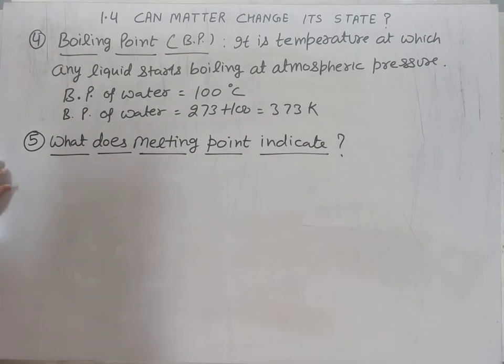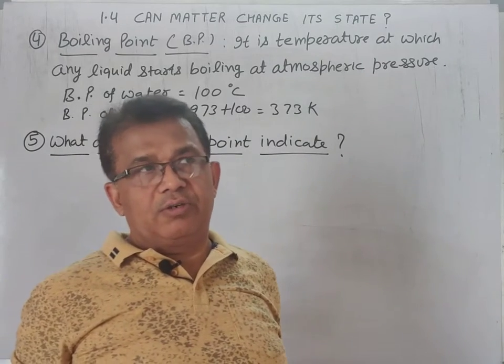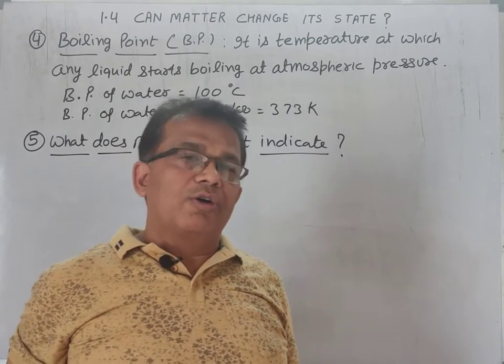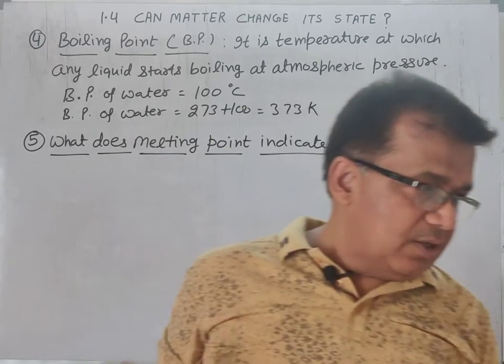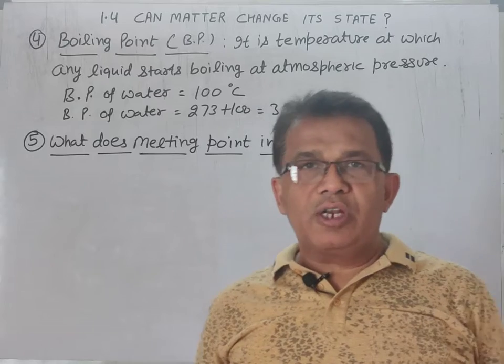Melting point or boiling point, what does it indicate? Melting point and boiling point indicate force of attraction between the particles, or we can say that it indicates strength of force of attraction between the particles of solids or liquid.